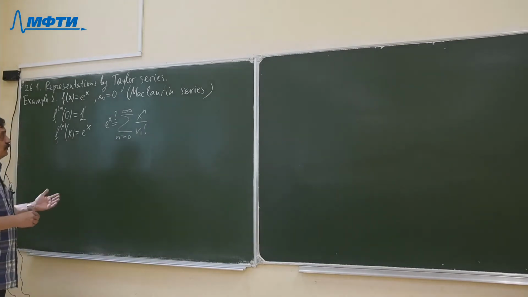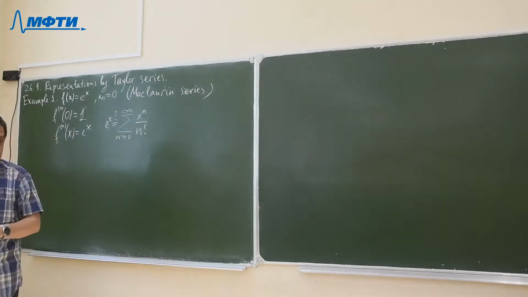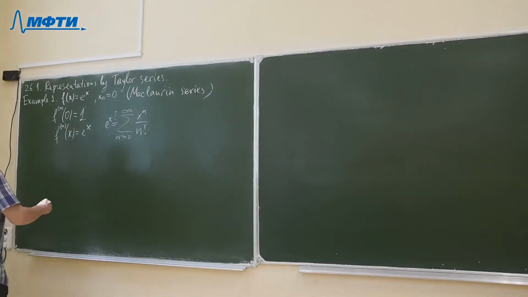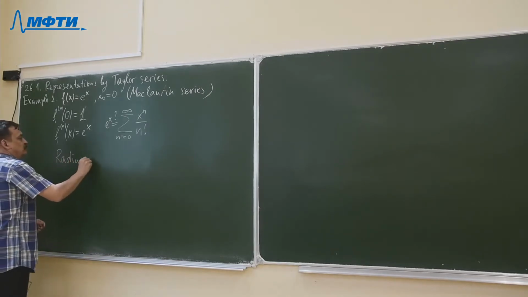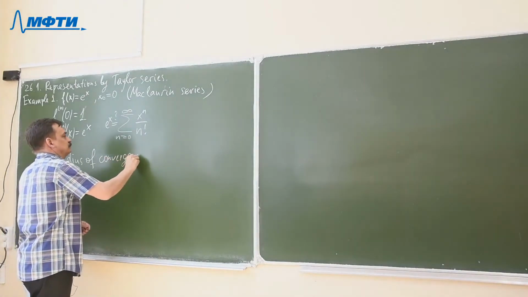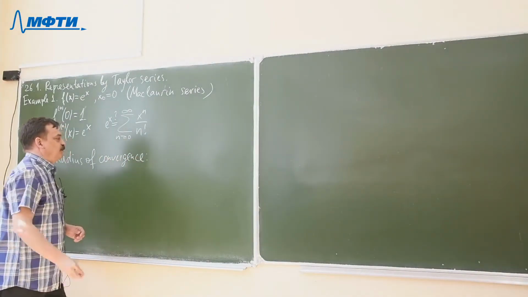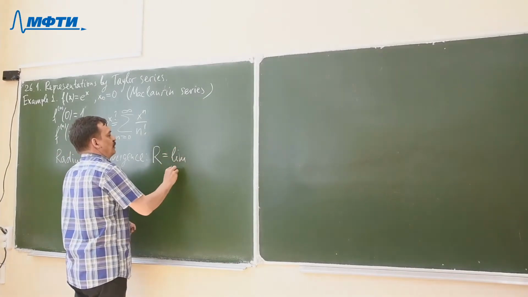So what can we say about the power series in the right hand side? What about the radius of convergence? We can easily compute it by a formula.